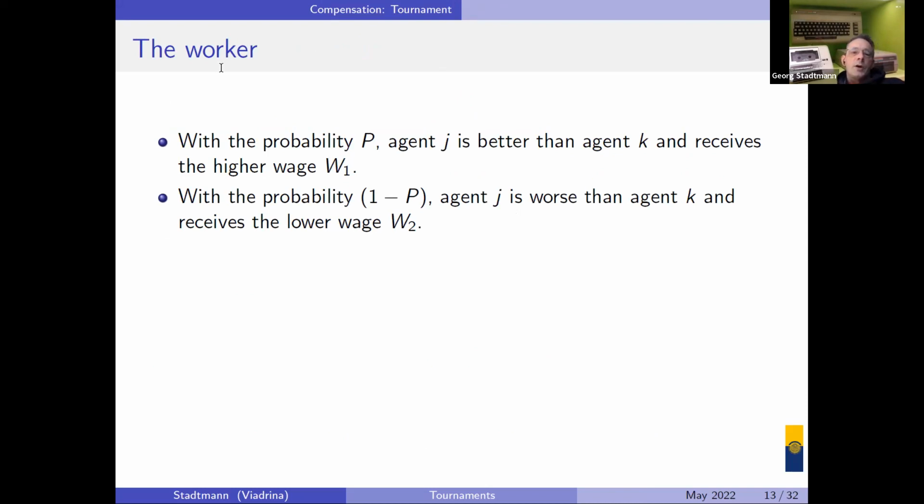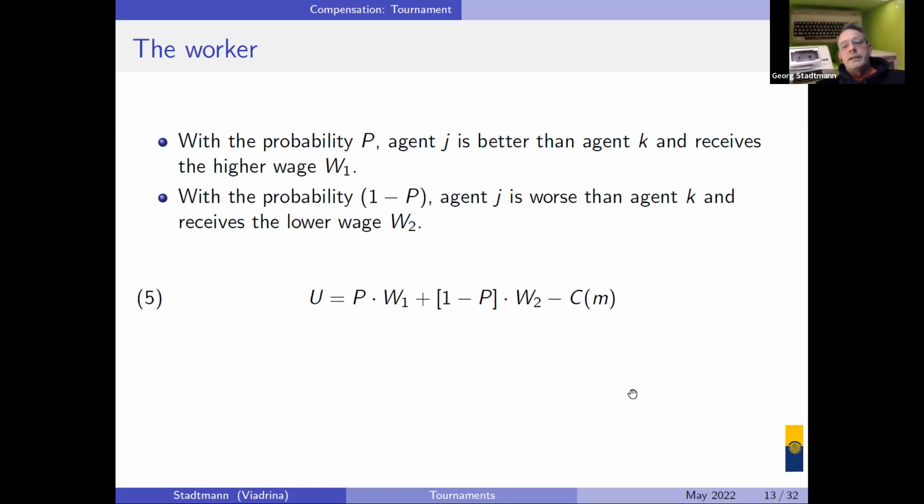Let's have a look at the worker. With a probability P, agent J is better than agent K and receives the high wage rate W1. And with the counter probability of 1 minus P, agent J is worse than agent K and receives a lower wage rate W2.